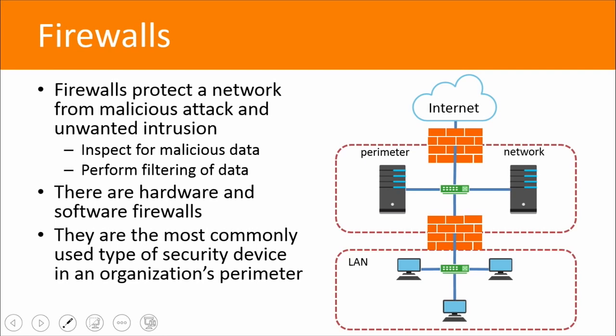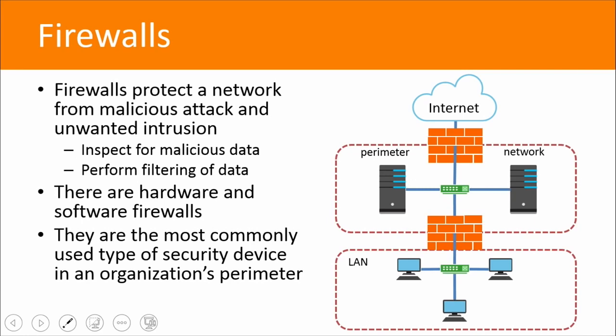Firewalls, as we mentioned before, protect a network from malicious attacks and unwanted intrusions. They inspect communications for malicious data, and they also perform filtering of data to make sure that if they do find something malicious, it doesn't get into your perimeter network and even into your local area network, right?